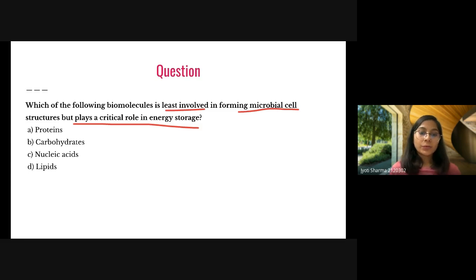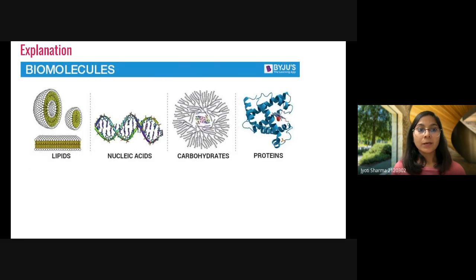Anyway, can you tell me the biomolecule that is least involved in the structure but plays a critical role in energy storage? So this is lipid, and let me show you. We have four major biomolecules: lipid, nucleic acid, carbohydrate, and protein.